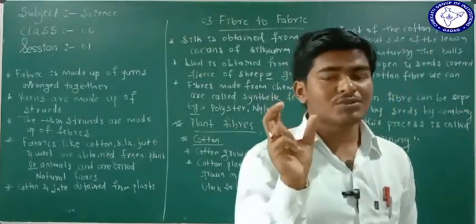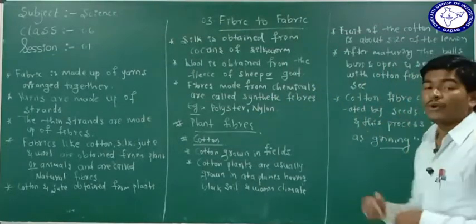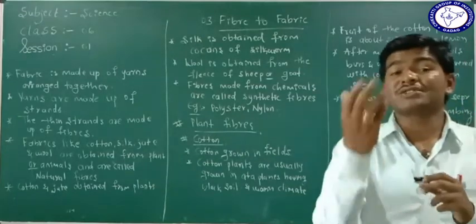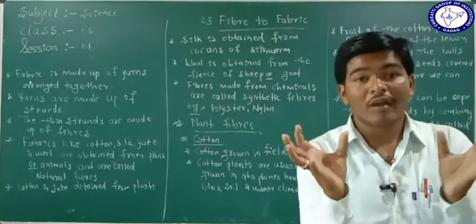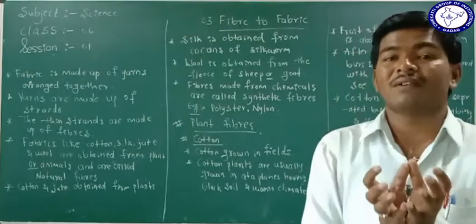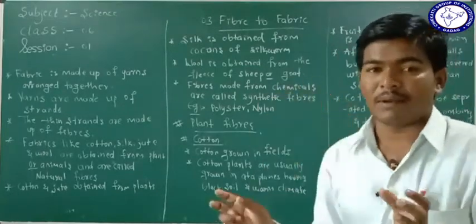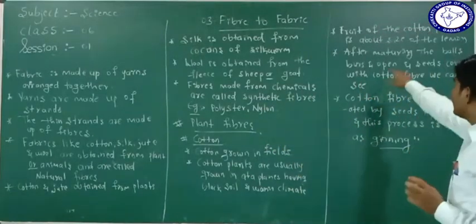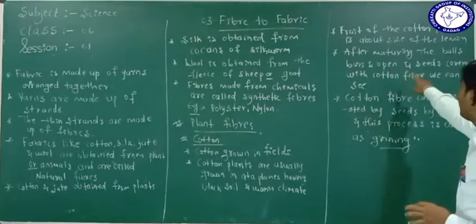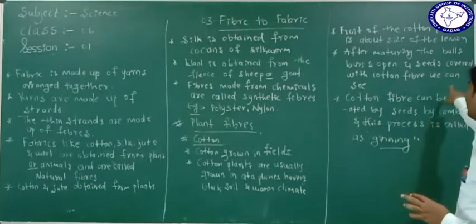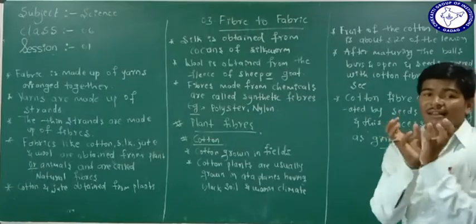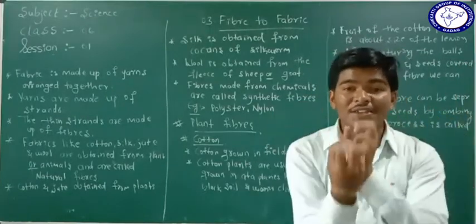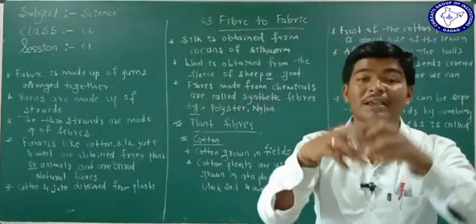When the fruits mature, they burst. After maturing, the balls burst and open, and we can see seeds covered with cotton fiber. When the fruits on the cotton plant burst, the cotton present inside the fruit comes out.